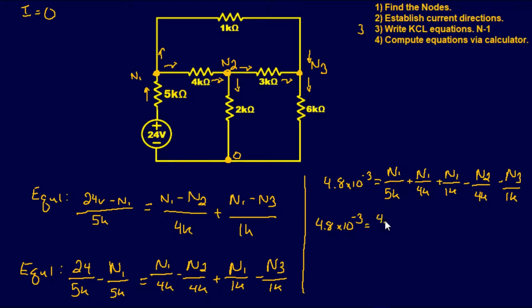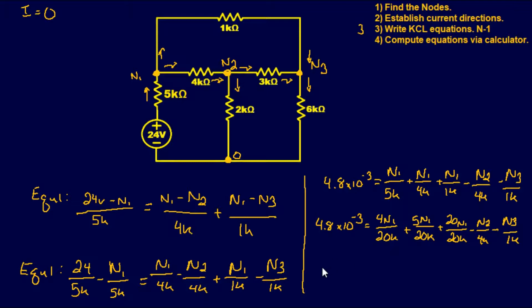So it's 4 node 1 over 20 kilo, plus, and we have a 4k down here, so we need to multiply this times 5 and it's 1 over 20 kilo, then plus, well, this one's pretty simple, so it's 20 and 1 over 20 kilo, and then minus node 2 over 4k, minus node 3 over 1k.